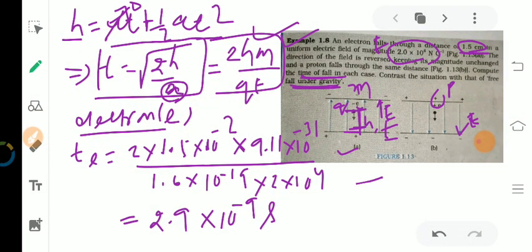In the same way, you can find it for the proton by putting the data of the proton. So let's put the data.